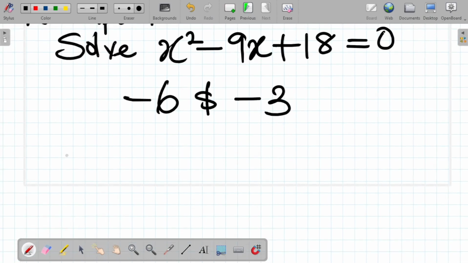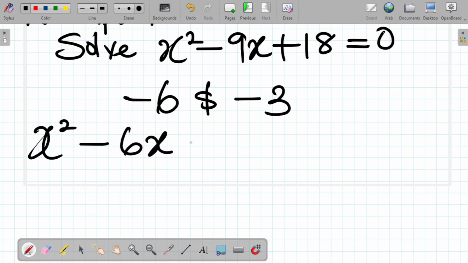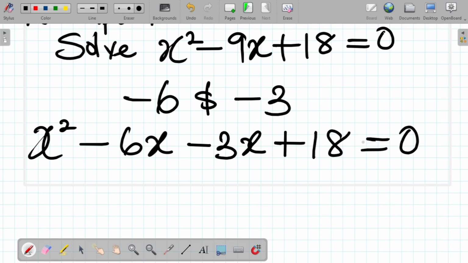Our next task here is to use them to replace the middle term. So here we have x squared minus 6x minus 3x plus 18 equal to 0. You can see that we've replaced negative 9x with 6x and 3x.